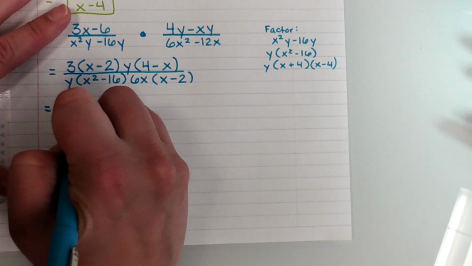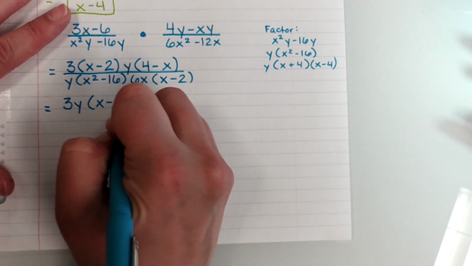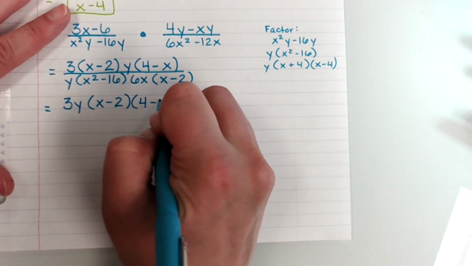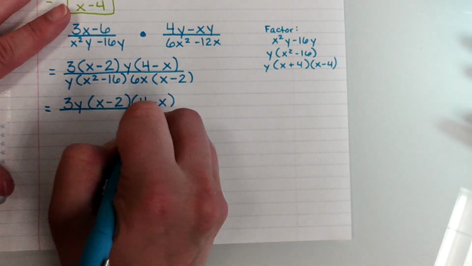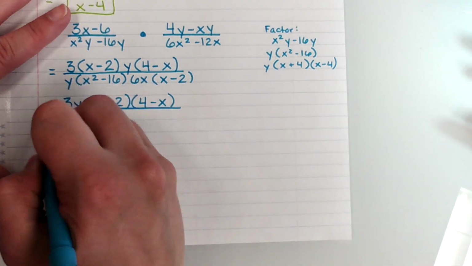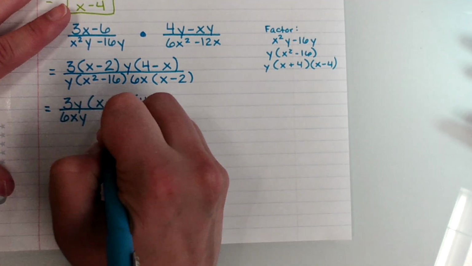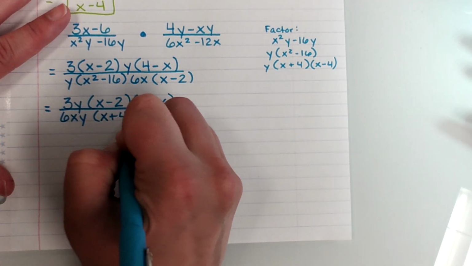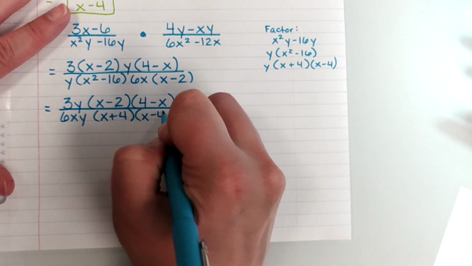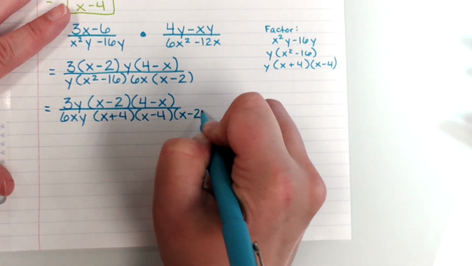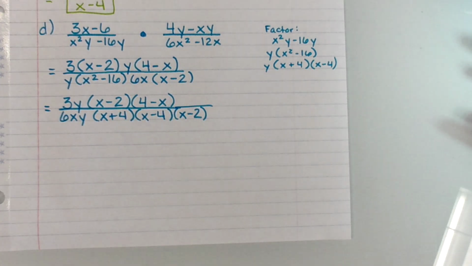While I do that, I pull my monomials together. I've got a y and a 6x, my x plus 4, my x minus 4, my x minus 2, we start simplifying.